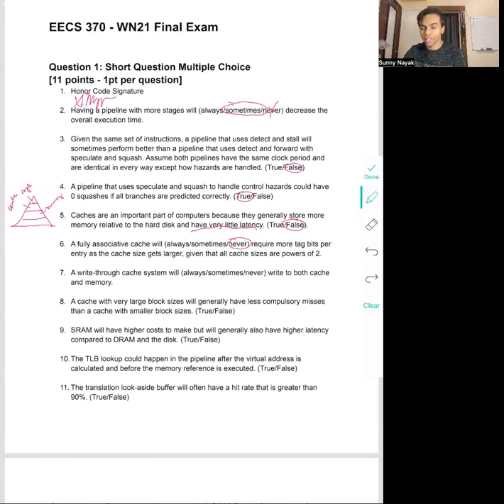It's almost by definition. However, the reason this answer is going to be sometimes instead of always is because this policy doesn't address what happens if I'm writing to something that wasn't in the cache. Let's say that something was in memory, and it was never in the cache.